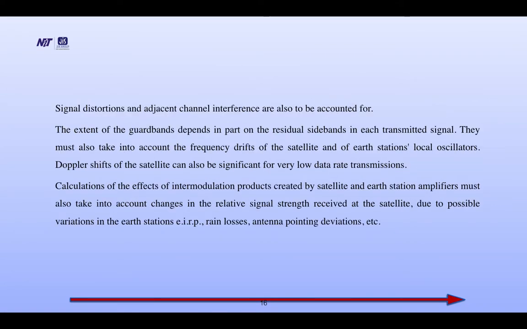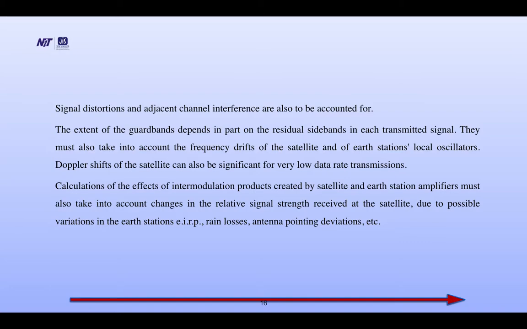Signal distortion and adjacent channel interference must also be accounted for. The width of the guard bands depends in part on the residual sidebands in each transmitted signal. They must also take into account the frequency drifts of the satellite and of earth station local oscillators.